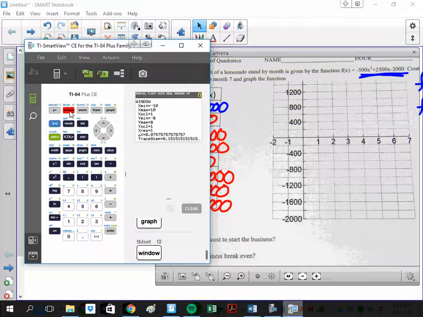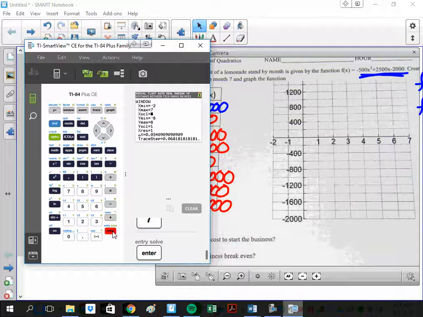How far to the left and right should this graph be? I would just match the graph that I gave you. What's the window of the graph on your paper? From -2 to 7. So x minimum -2, x maximum 7.